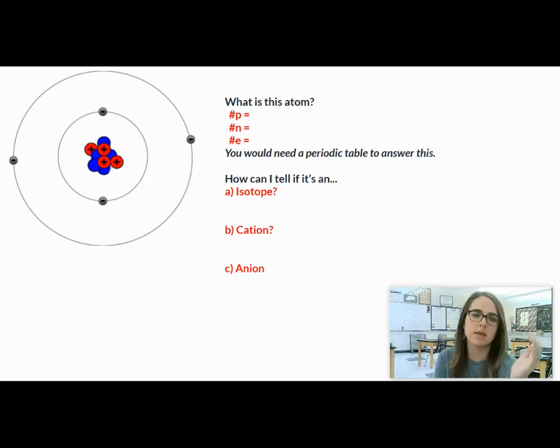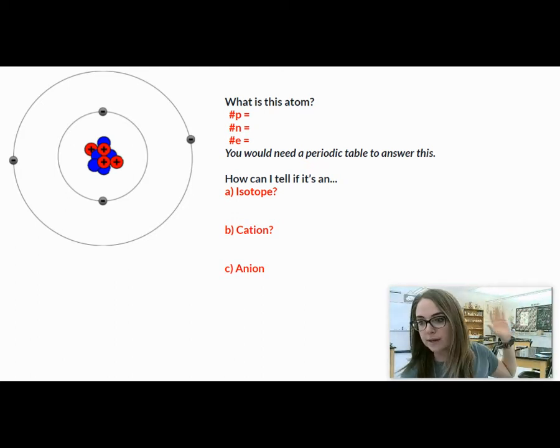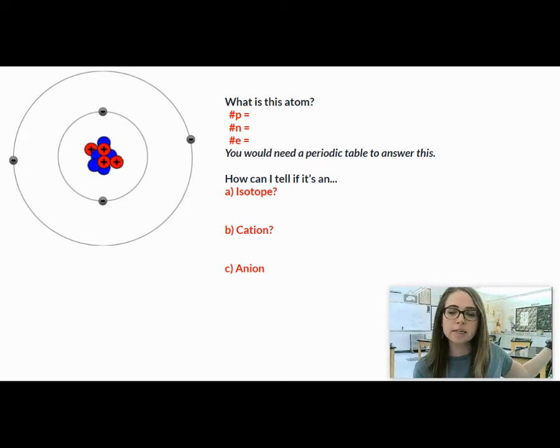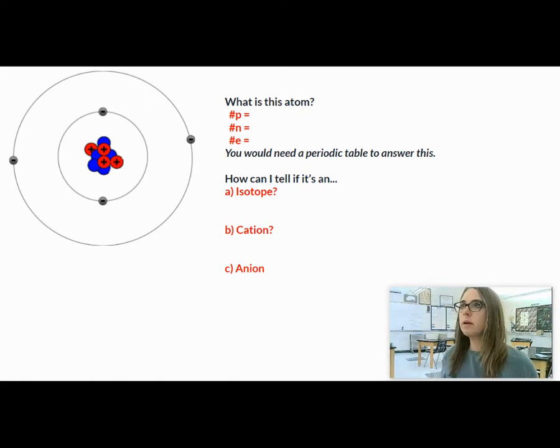If I'm looking at this picture and I had a periodic table handy, you won't actually need a periodic table for your test. If it makes you feel better to have one handy, you are welcome to, but it's not necessary to answer any and all questions on the test.